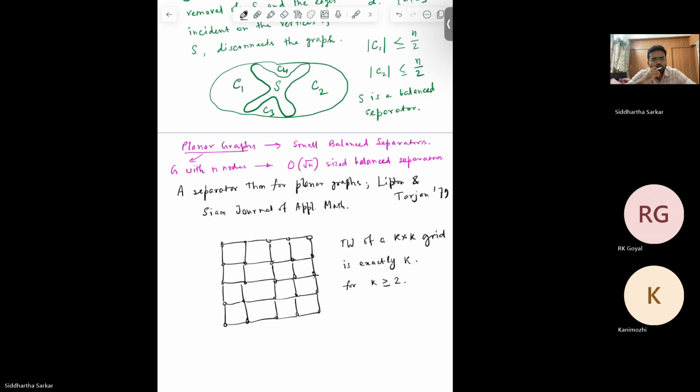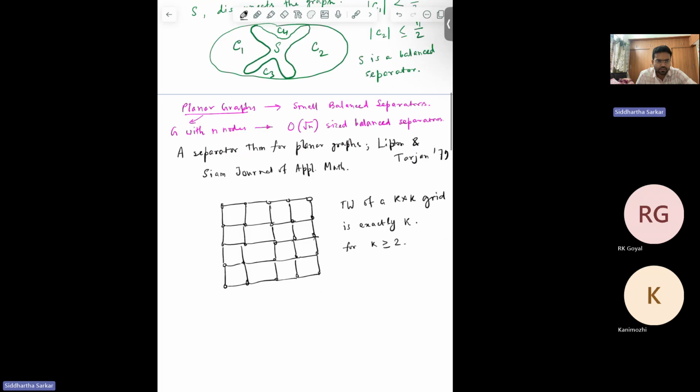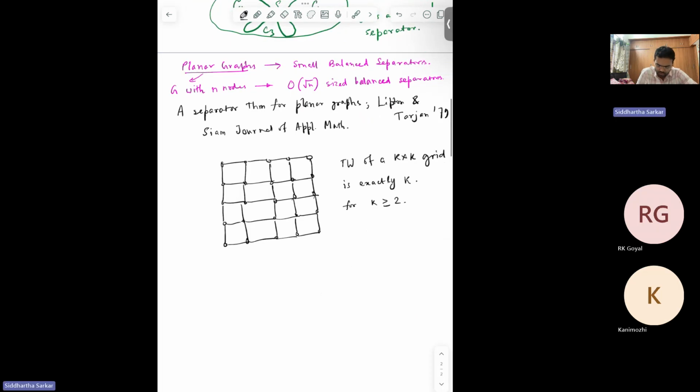There are some more nice things about connecting tree width with grids. There's a well-known result called the excluded grid theorem, also called the grid minor theorem, or excluded grid minor theorem.